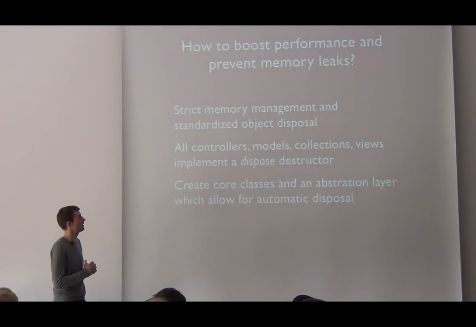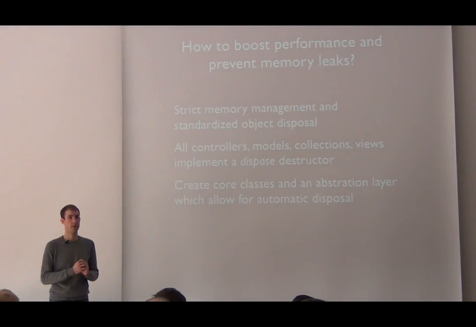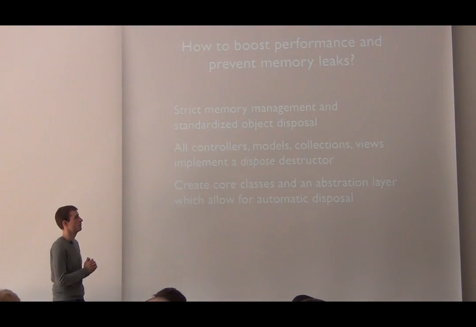So once you have this abstraction, it's a bit better with memory leaks, but you have to think about memory consumption the whole time, because for example, in older Internet Explorers, the garbage collector isn't so clever. So you will have a look at that when you're developing.